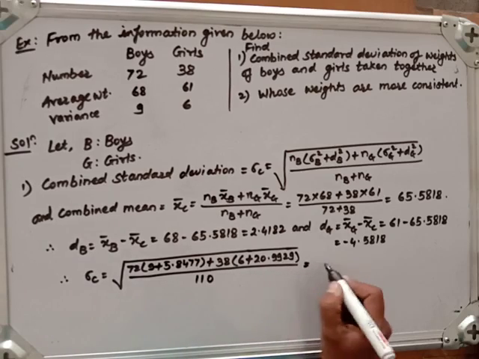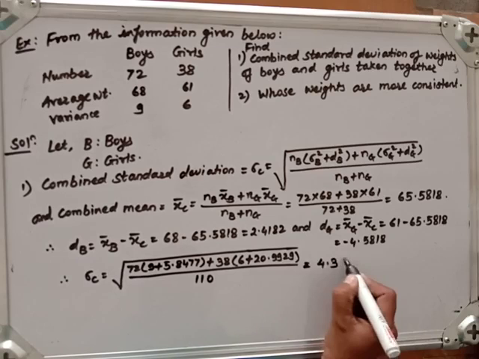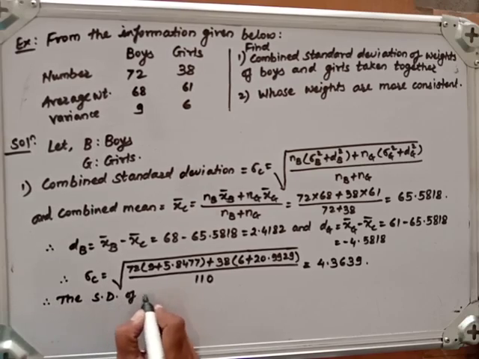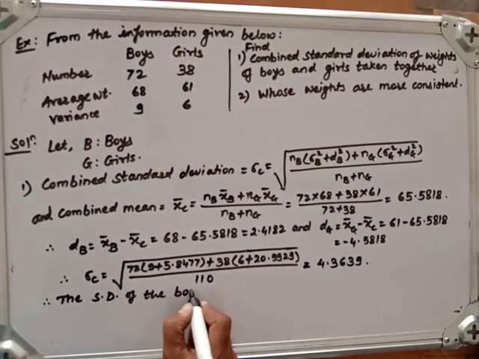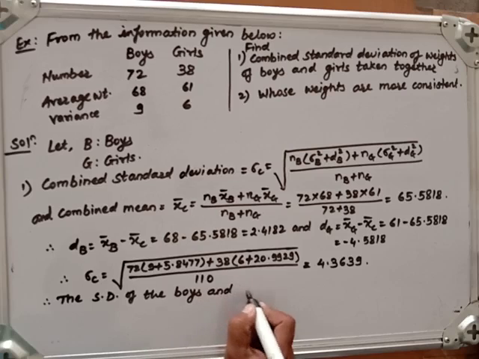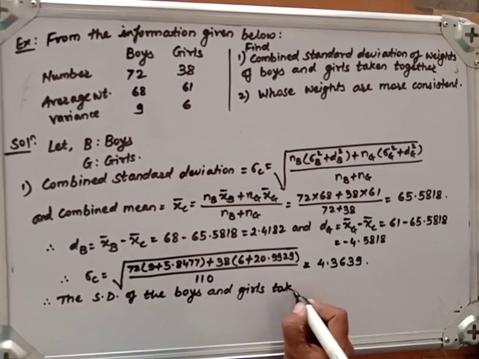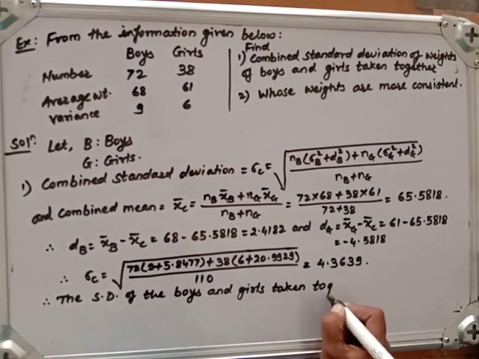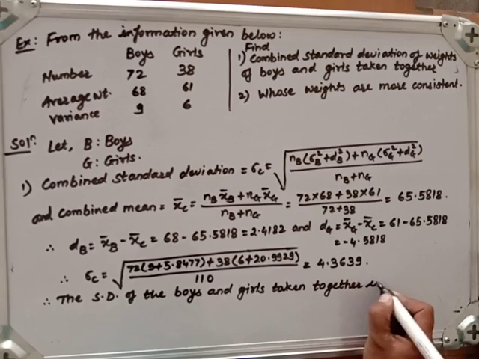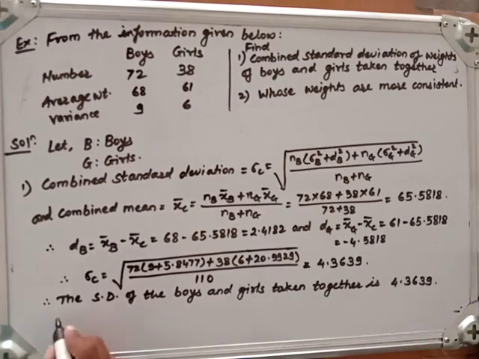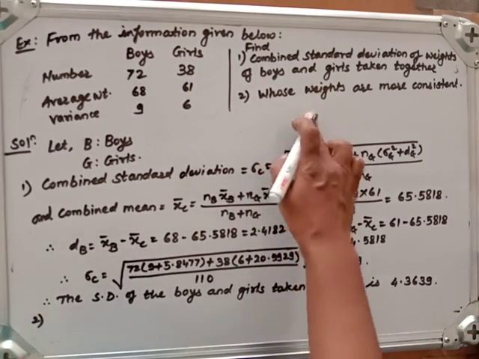The simplification is 4.3639. Therefore the standard deviation of the boys and girls taken together is 4.3639.